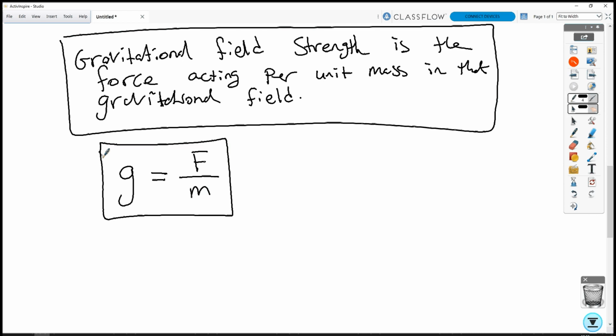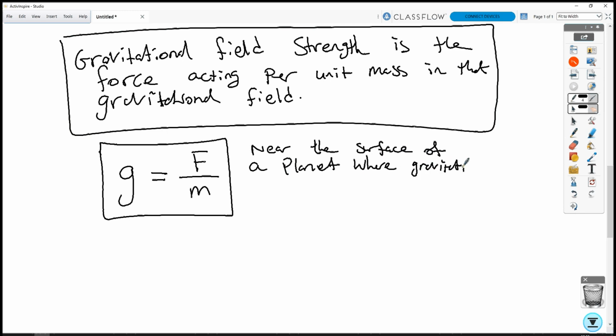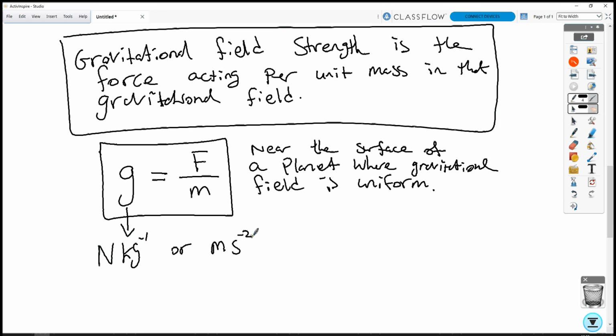So this equation is used near the surface of a planet, where the gravitational field is uniform. g is measured in units newtons per kilogram or meters per second squared. So it is also the acceleration due to gravity.